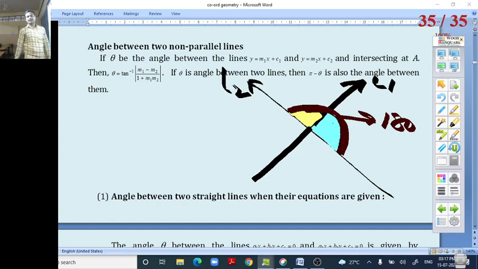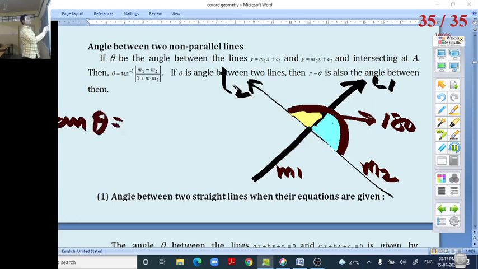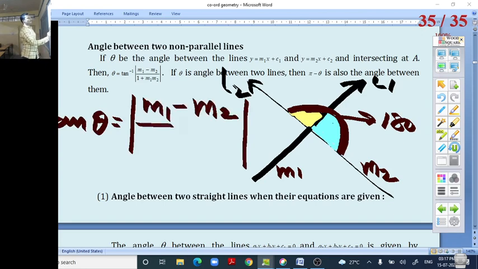It means if the line L1 has a slope m1 and the line L2 has a slope m2, then what is the angle between them? The angle between them is tan theta equals modulus of m1 minus m2 divided by 1 plus m1 into m2.